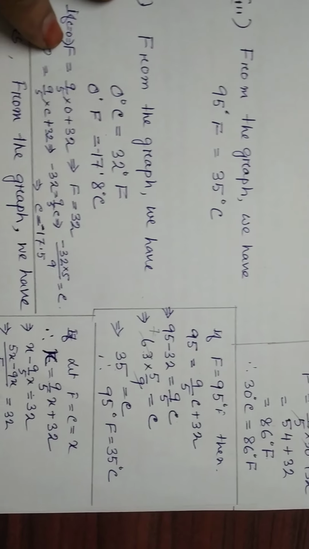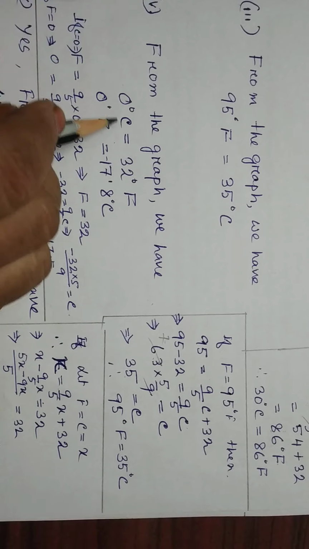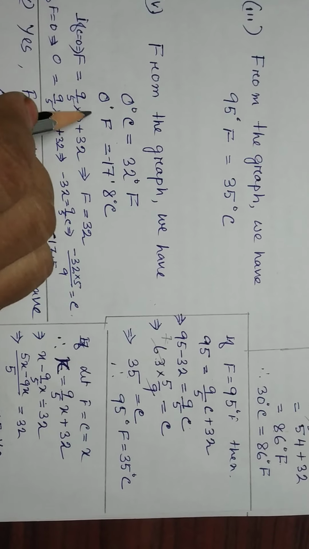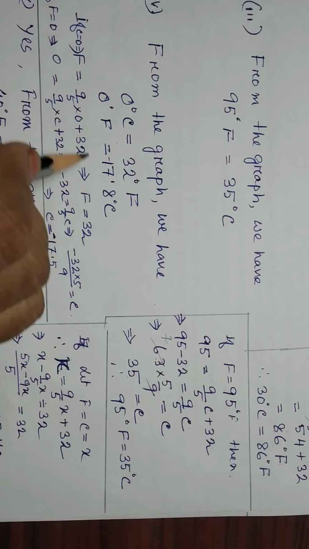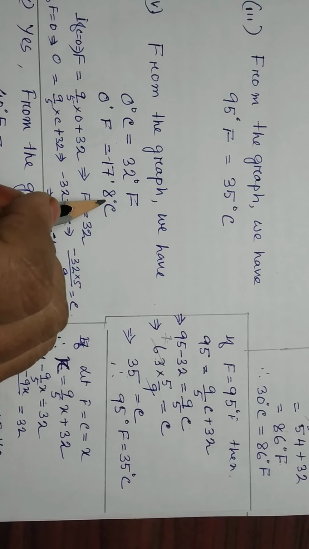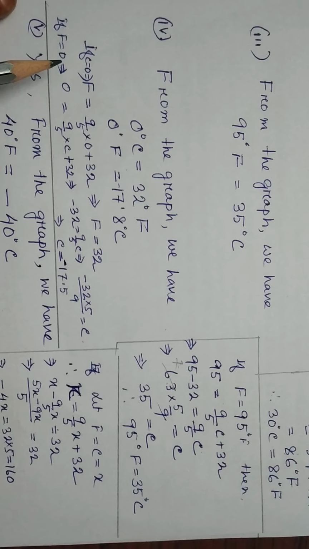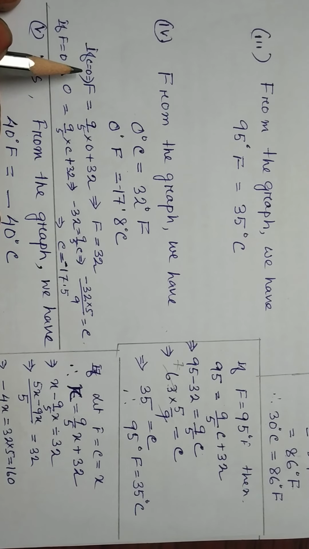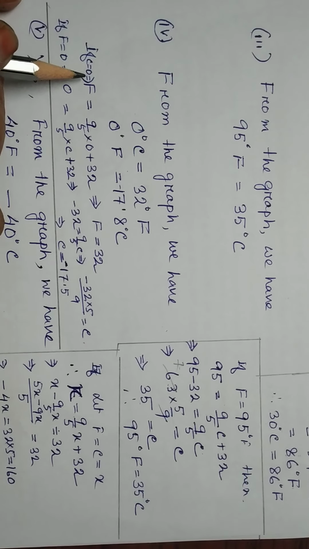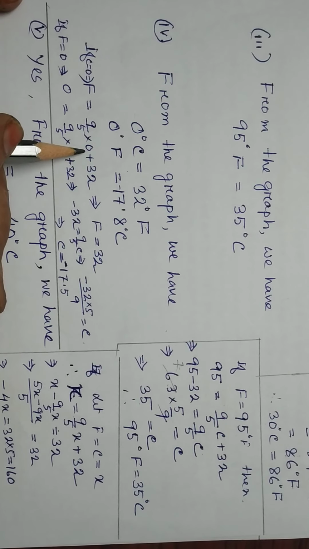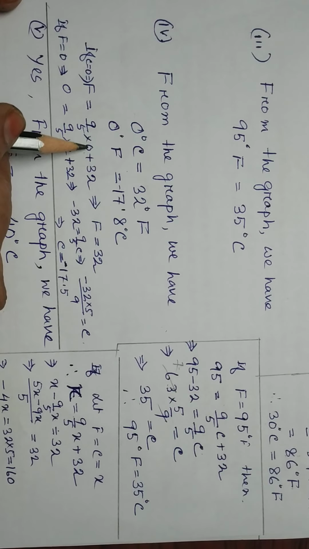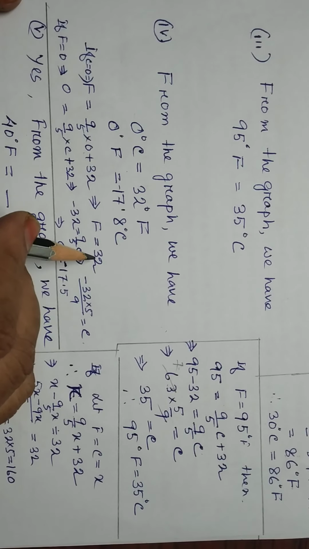And from the graph, we have 0 degree Celsius is equal to 32 degree Fahrenheit, and 0 degree Fahrenheit is equal to minus 17.8 degree Celsius. And numerically also we can solve this. If Celsius is equal to 0 degree, then if we put 0 in place of C, then F is equal to 32 degree.